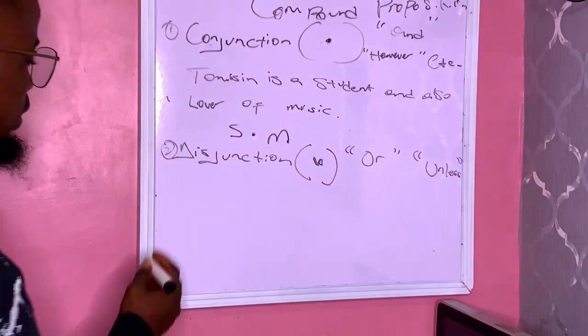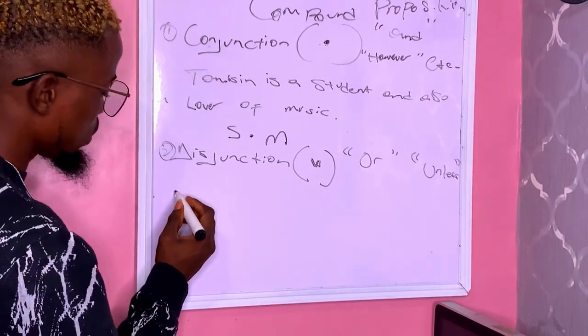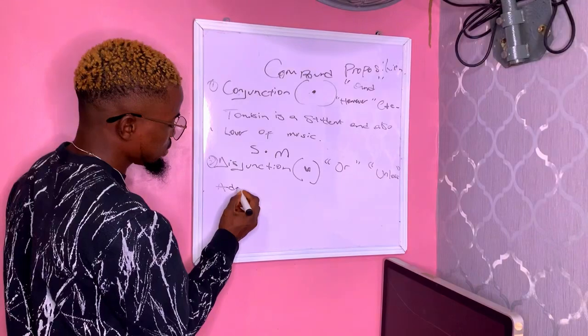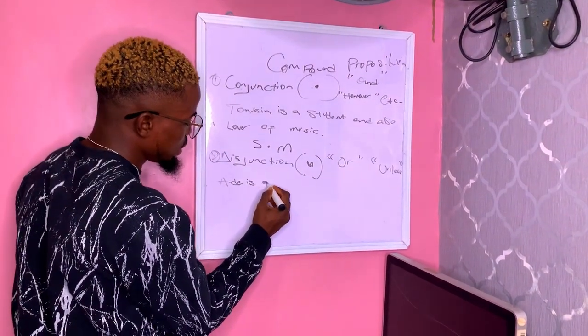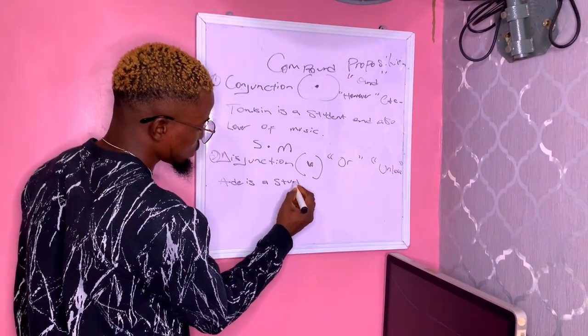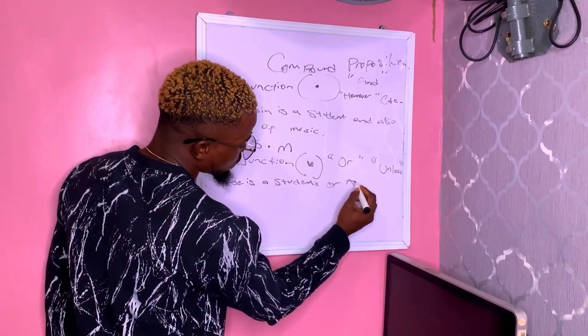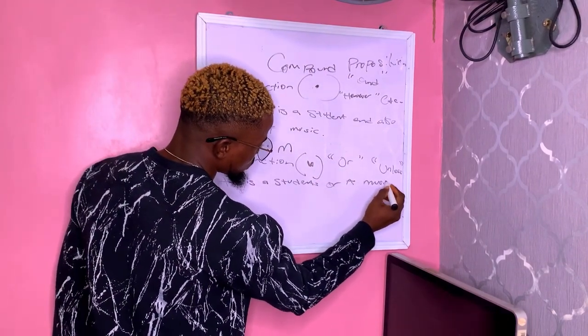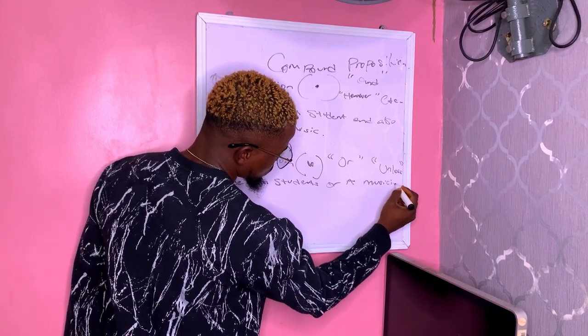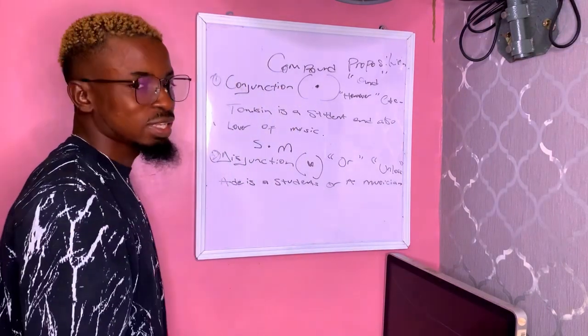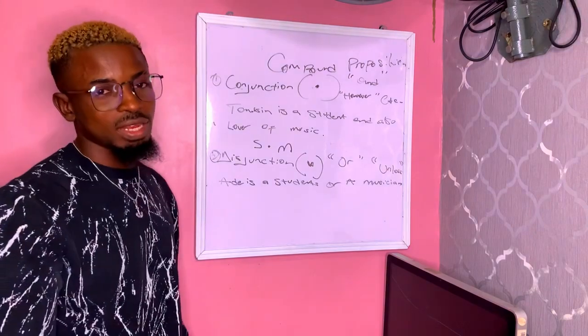Let's say for instance I say something like, Ade is a student or a musician. This statement is just like saying Ade is a student or Ade is a musician.